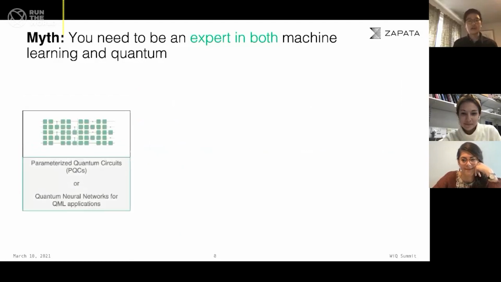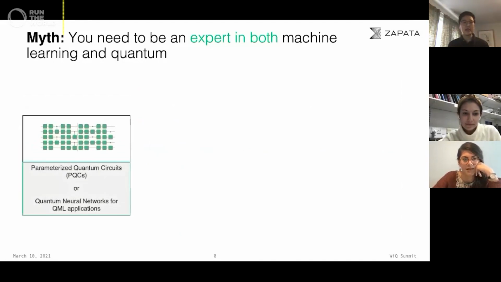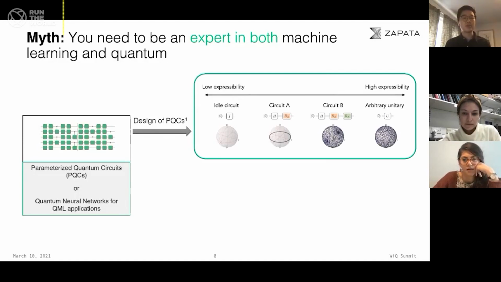And so over the next couple of years, I spent a lot of time trying to think about these PQCs and better understand them. Specifically, number one, how to better design these parameterized quantum circuits. So for example, if you're given a QML algorithm, a variational classifier algorithm, and you have a tool set of, say, 5 to 10 circuits at your disposal, which circuit should you choose for your algorithm and why, without having to run your algorithm 10 different times with each of the different circuits?